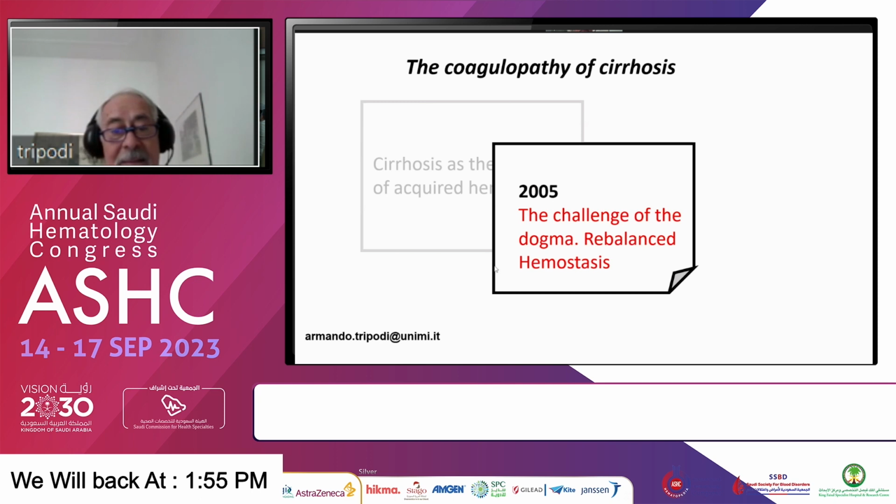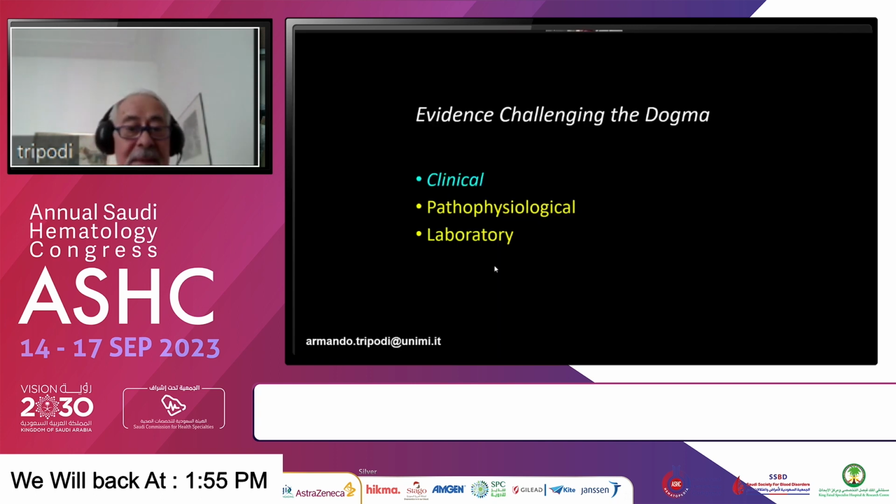Starting from 2005, this dogma has been challenged, and the new concept of rebalanced hemostasis has been introduced. There are at least three issues which can be taken as evidence challenging the dogma. Let's see first the clinical challenging of this dogma.